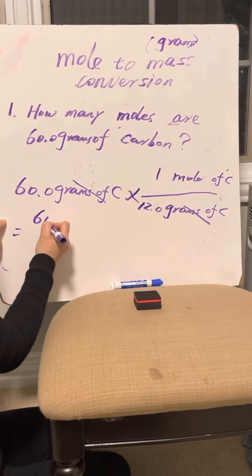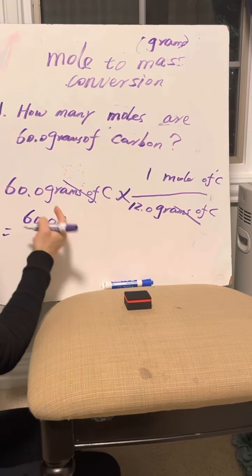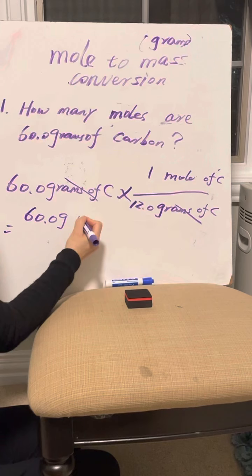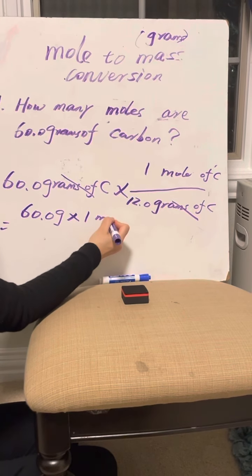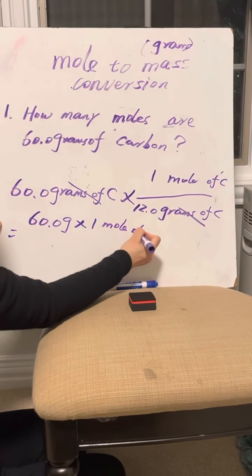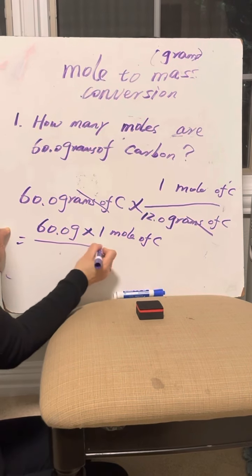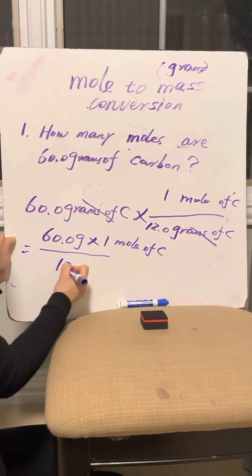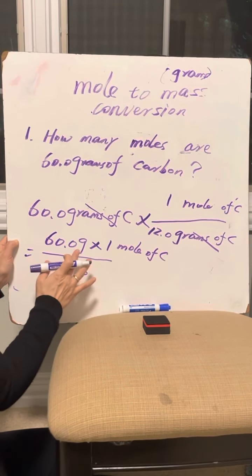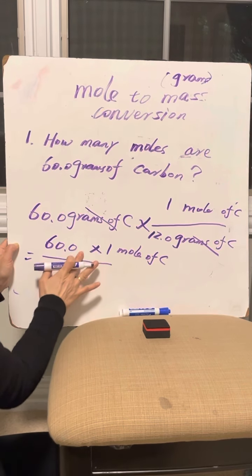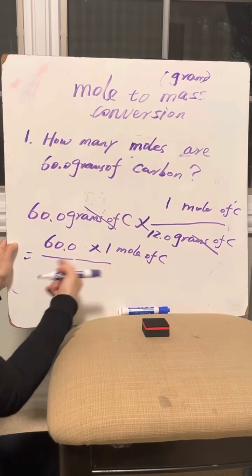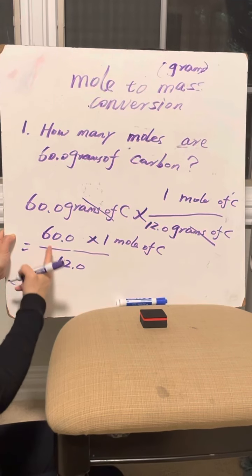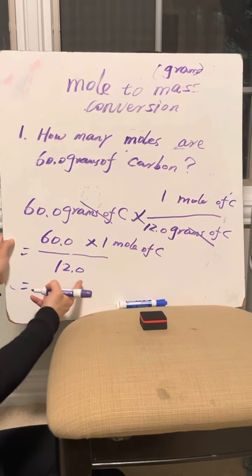Well, you have 60.0 grams times 1 mole. You can keep this unit because it's still there, okay? And divide by 12.0. Okay, and this grams already canceled out. There's no grams anymore, okay? So that's the thing you have left, 60.0 divided by 12.0.